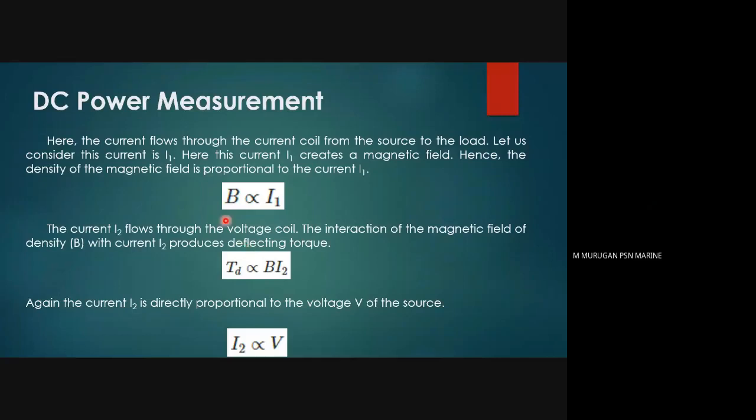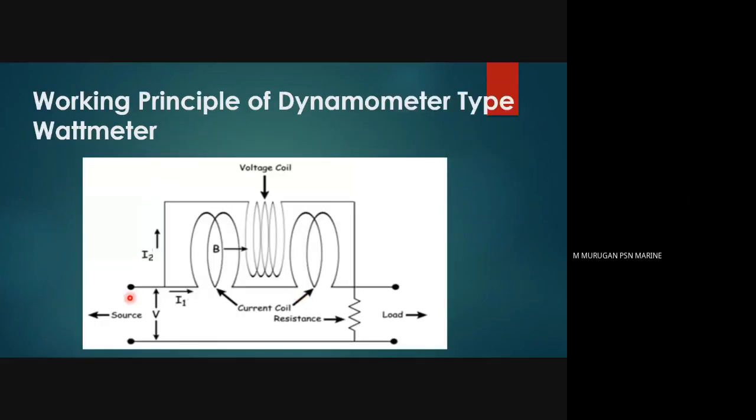The wattmeter can be used for AC power measurement as well as DC power measurement. For DC power measurement, the current flows through the current coil from the source to the load, as you already know from the diagram.